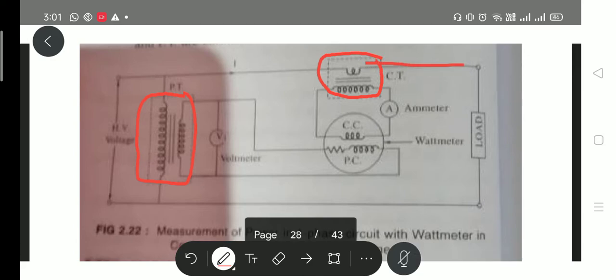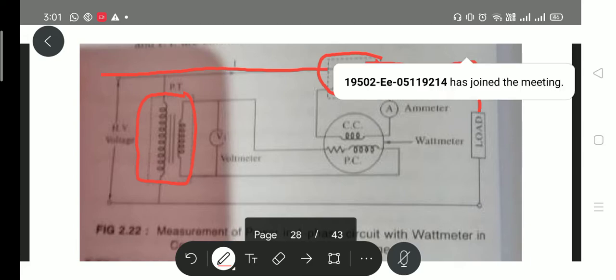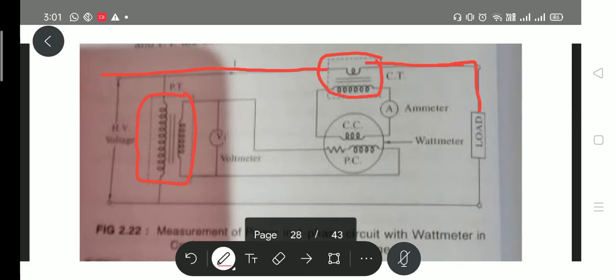The current transformer primary is connected to the supply voltage, and the secondary is connected to the load. The secondary coil is connected to one ammeter and the current coil.